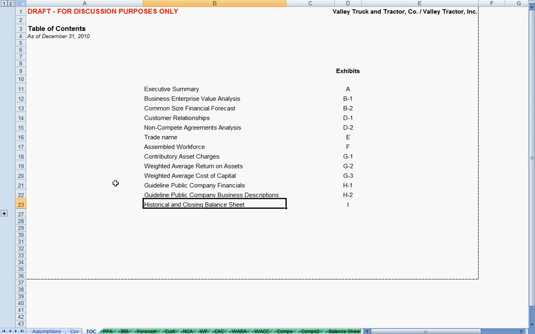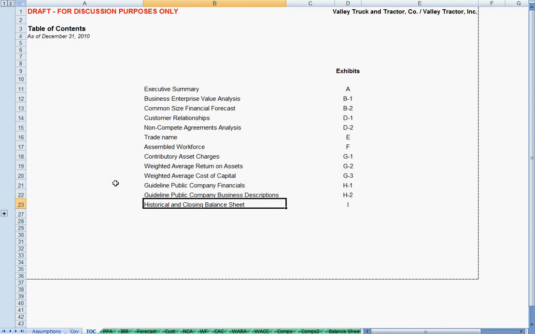The work on the model actually starts from the back. The first initial stages of the analysis have to do with accumulating client information, and typically that's their financial information. The key pieces of the financial information are the historical financials and closing balance sheet.